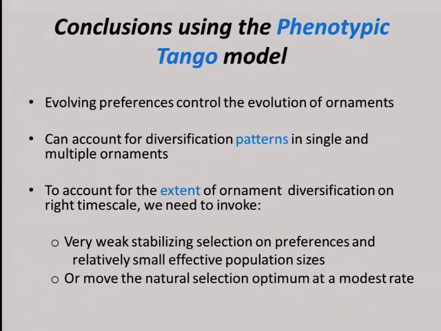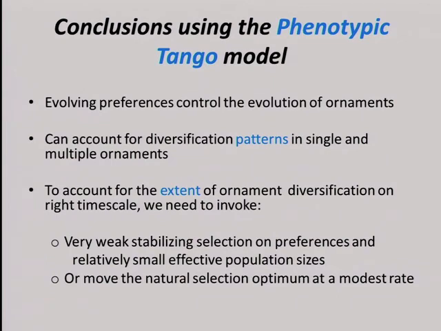All right, so here is where we are. For one thing, evolving preferences control the evolution of ornaments. That's that tight tracking I just talked about. We can account for the diversification patterns in single and multiple, and the extent.